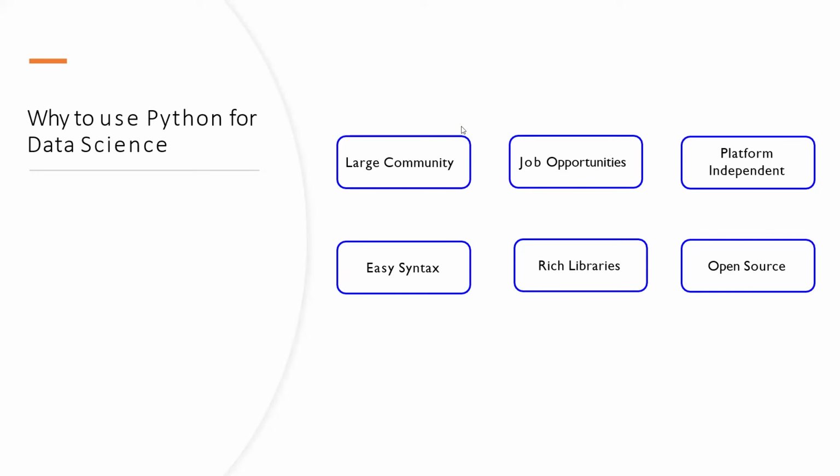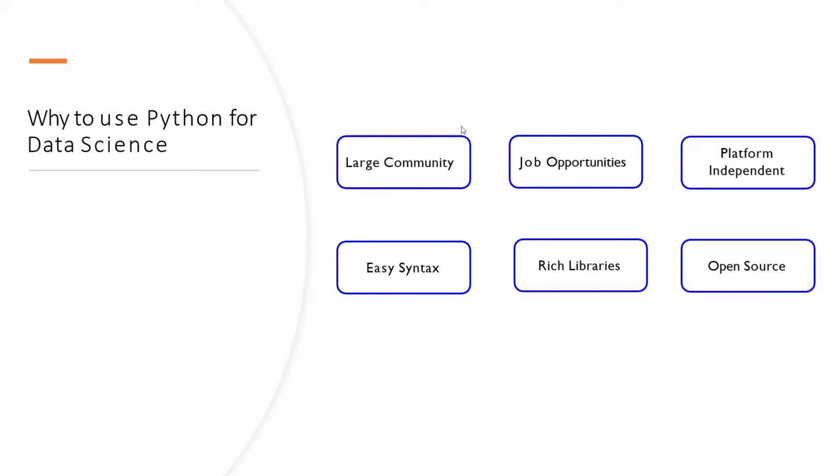Large community means where the majority of the users are using Python, right? Job opportunities: more job opportunities. Platform independent: if you write code in Windows, the same code can be used in different operating systems such as Linux, Ubuntu. And syntax is very easy.